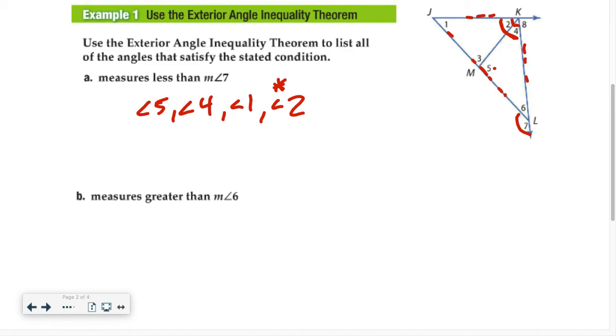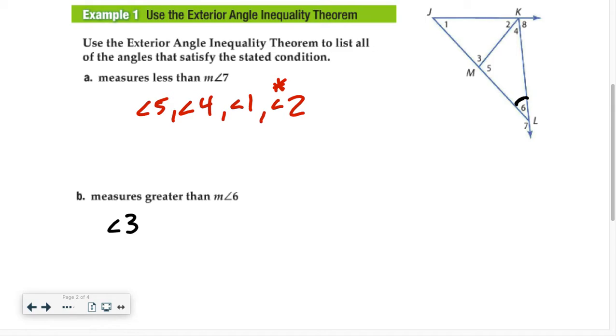All right, so measures greater than angle 6. So, well, let's locate angle 6 here. Let me erase some of my markings here from the previous problem. So that's an interior angle. Okay, so angles greater than it would be exterior angles. So certainly is 3. 3 is an exterior angle to 6, angle 3.